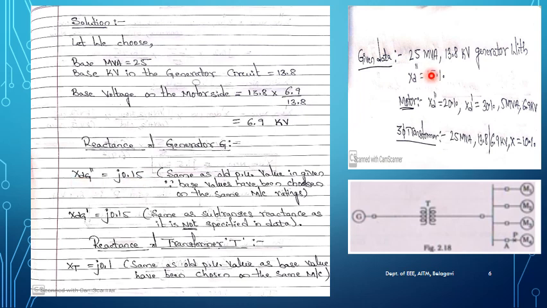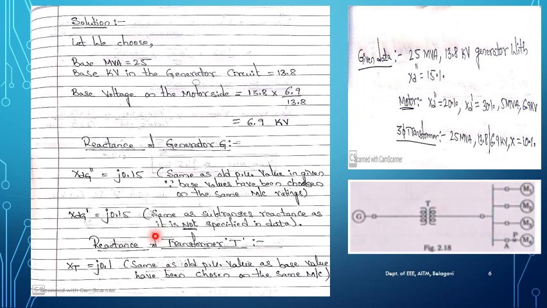But in our problem statement he hasn't mentioned anything about the transient reactance, so here we are going to assume it to be equal to the subtransient reactance, as the data is not specified. So once again the transient reactance will be equal to 0.15. Don't get confused: if the transient reactance is not given in the problem statement, we consider it equal to the subtransient reactance.